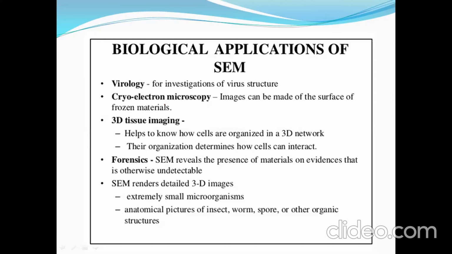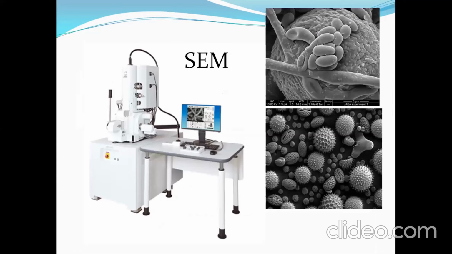Not only this way, we can use different techniques like shadowing and pre-fracturing to get certain surface structure and a 3D model of tiny elements, and we can analyze them with the electron microscope. Okay, so last part, this is the instrument, and this is the picture we get after observing under the SEM.